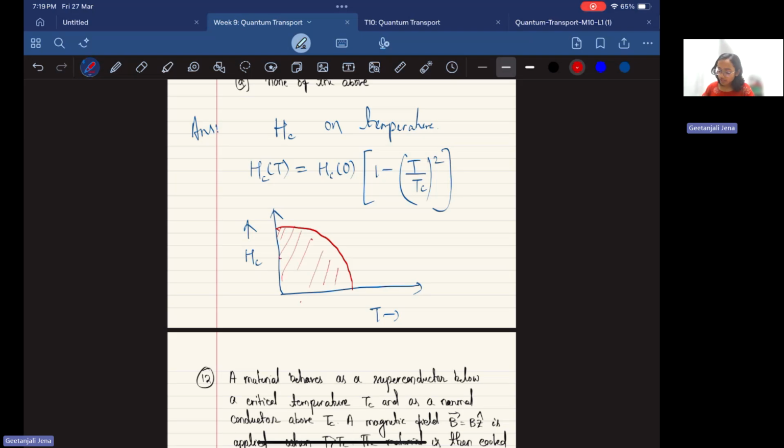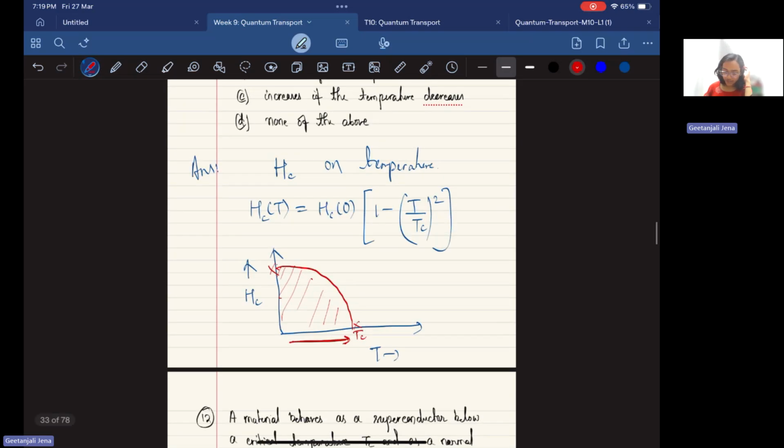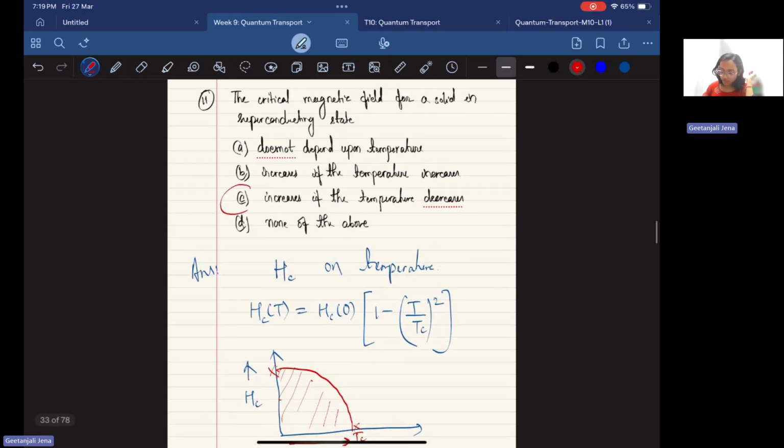So when we increase the temperature, so this is Tc, when we increase the temperature, then the critical magnetic field decreases. So it goes from a maximum value to a minimum value. So the correct option is option C. The critical magnetic field increases if the temperature decreases.